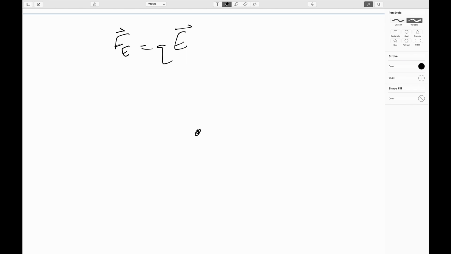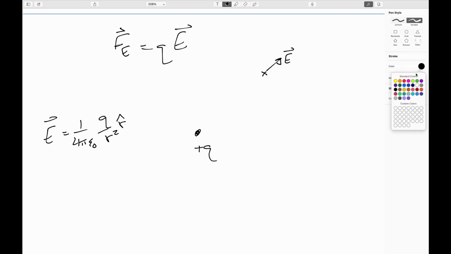So let's say we have a positive charge here. We saw in the previous video that the electric field strength for any point charge was 1 over 4 pi epsilon naught q over r squared r hat. And remember, r hat just means away. So at this location right here, the electric field would point out.